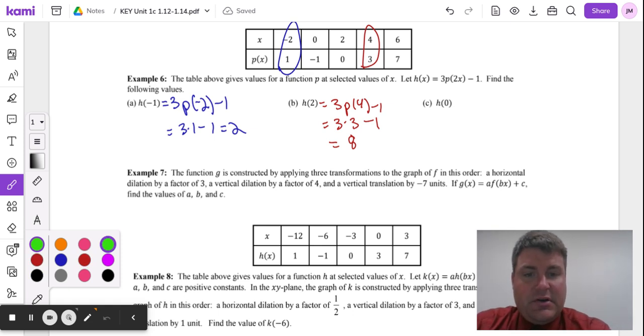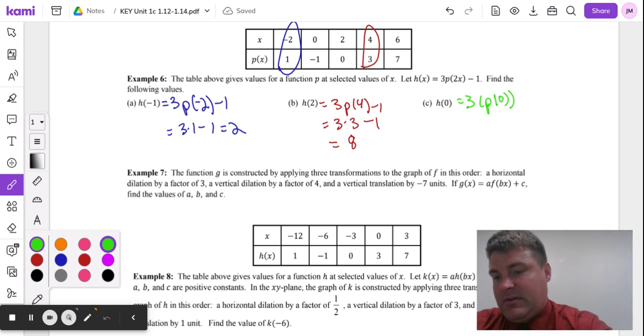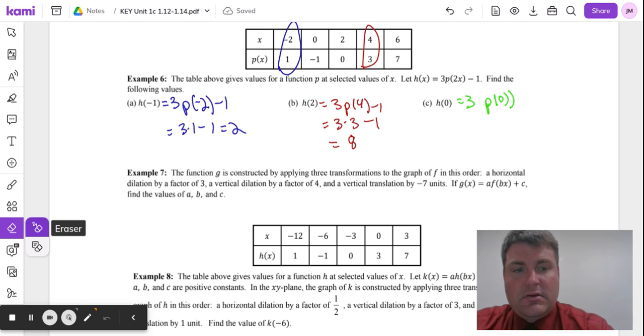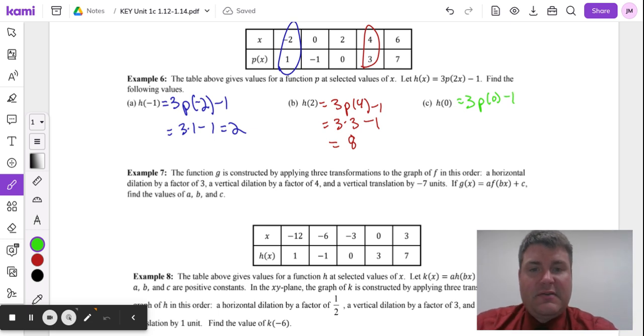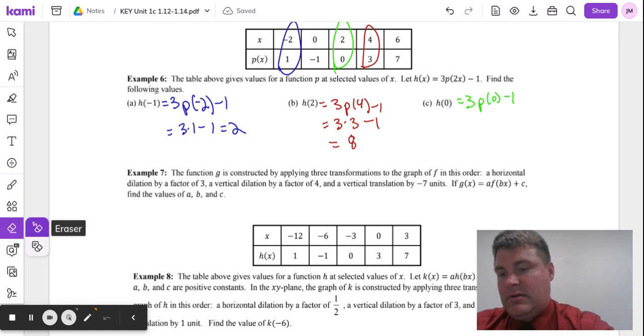Next one, last one for this example. We have h of 0, which means we're going to plug in a 0, which is 3 times p of 0, and then subtract 1. So p of 0 is this one, right? Oh, I lied. Don't listen to me. Okay, now you can listen to me.